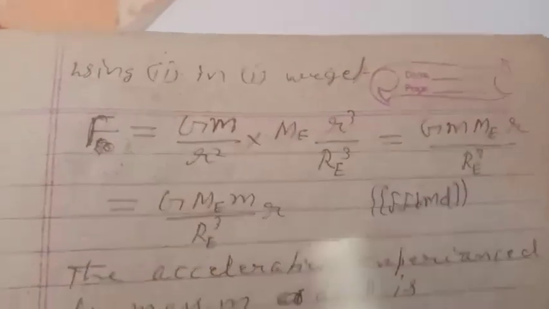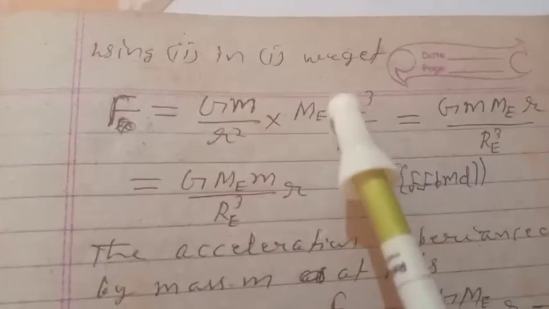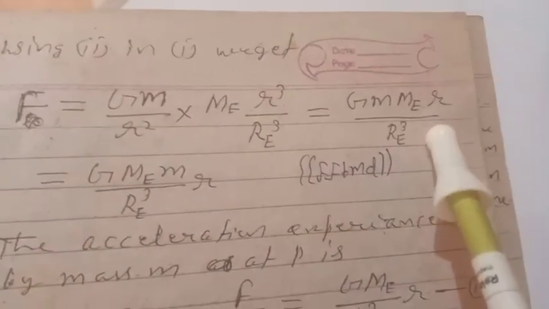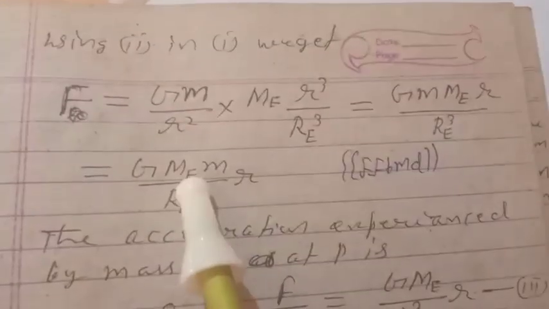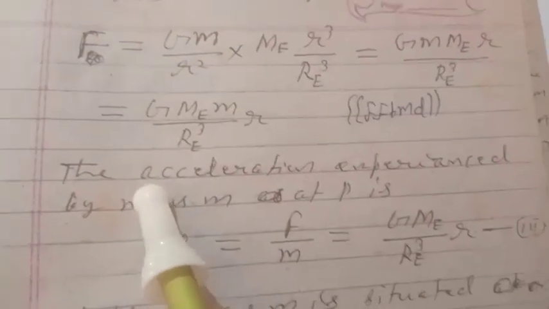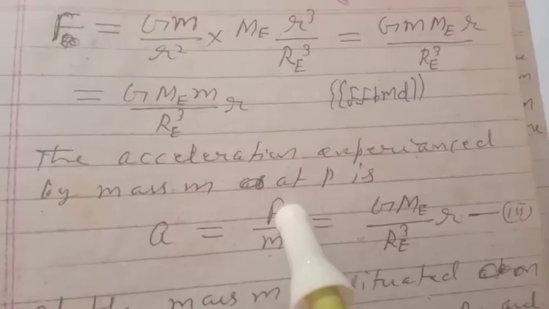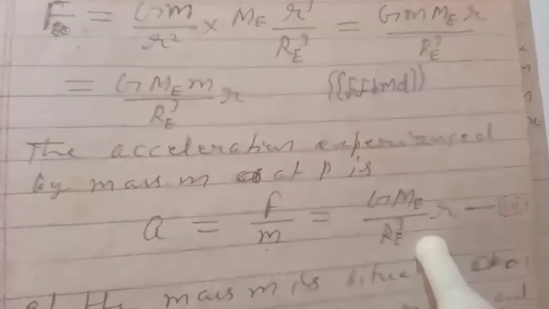Using 2 in 1, we get F equals G m by r square into Me r cubed by Re cubed, equals G Me m by Re cubed into r. The acceleration experienced by mass m at P is a equals F by m equals G Me by Re cubed into r, equation 3.